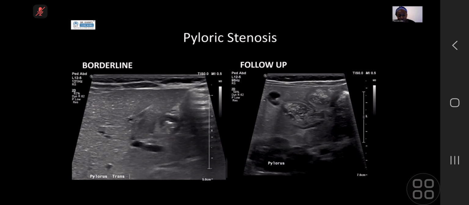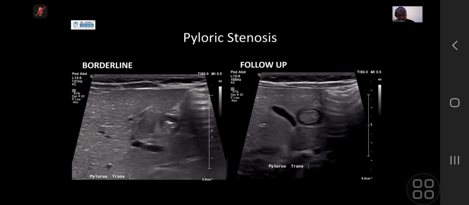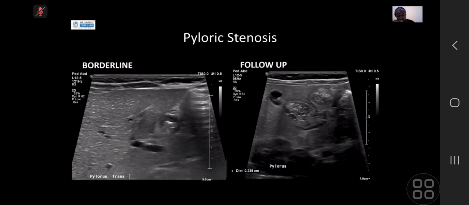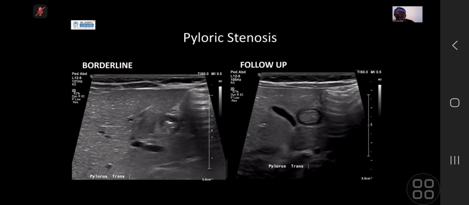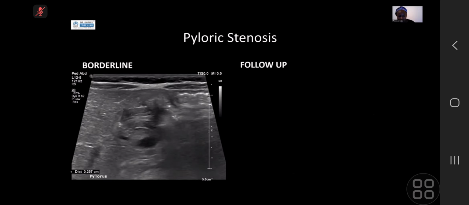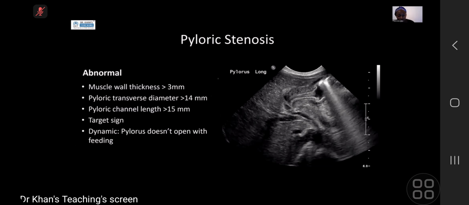When should we give pylorospasm as a differential diagnosis? I would suggest any ones where the pylorus is starting to measure at the upper limit of normal for single wall thickness. So once it's getting over 2.5, coming to 3 millimeters, I would suggest that, because it's not abnormal enough to call it a definite pyloric stenosis. But what I would do is in my report, I would say this is measuring towards the upper limit of normal.